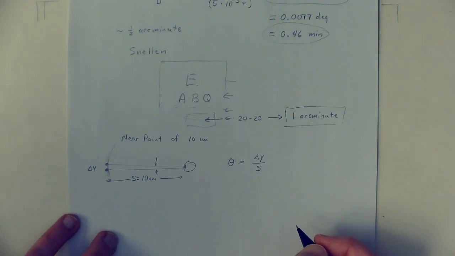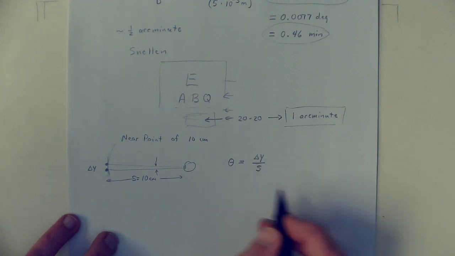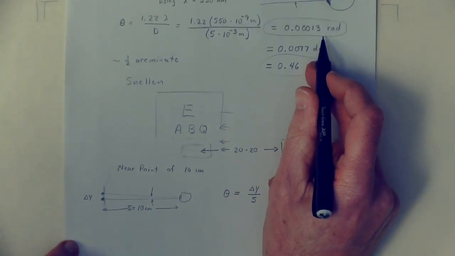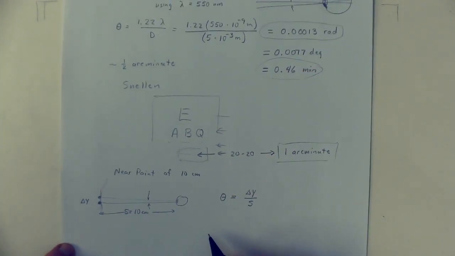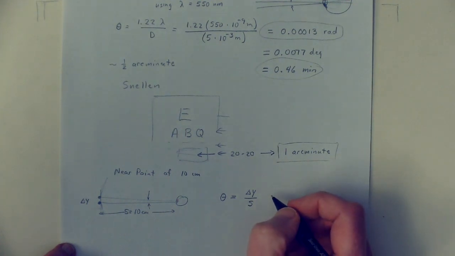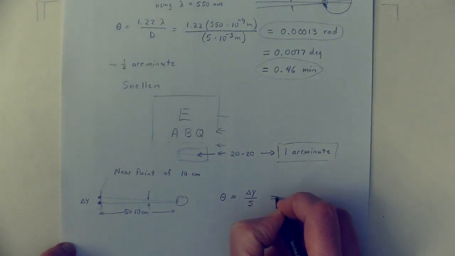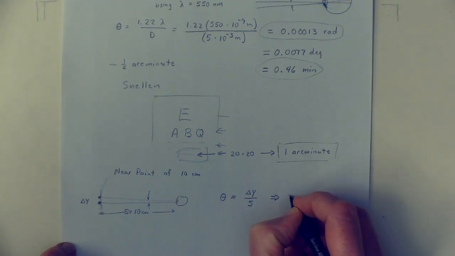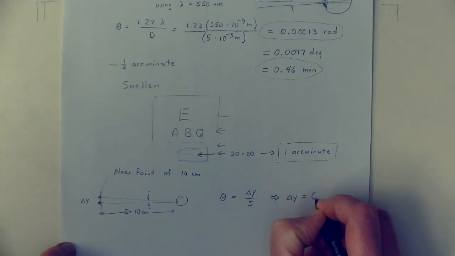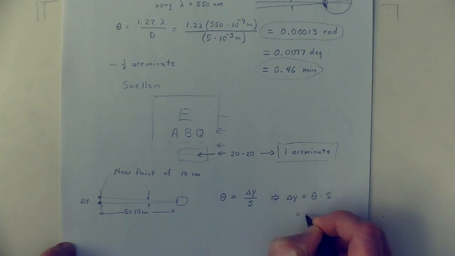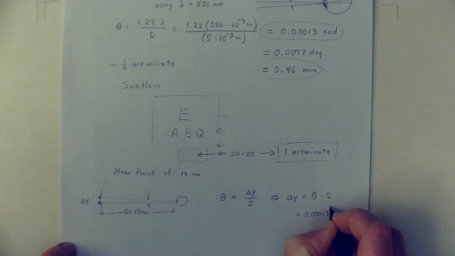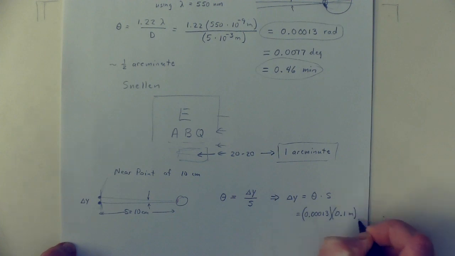It's that simple. And we're trying to get delta y, knowing theta has to be that number and knowing s is the distance. So let's just rearrange this a little bit. Solving for delta y is going to be theta times s, or 0.00013 radians. I won't even bother to write the radians, times 10 centimeters, or 0.1 meters.